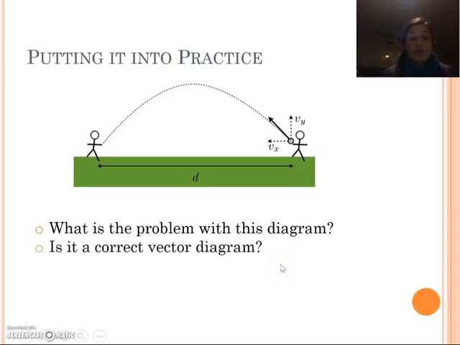It's a good diagram to represent a question pictorially, but if we're looking for a correct vector diagram that's going to help us actually answer the question, there's probably a couple of problems with it. And the first one is it doesn't follow our rules of having head of the first to tail of the last.